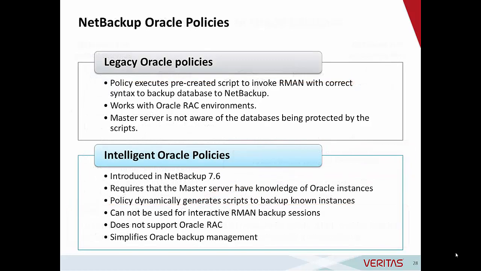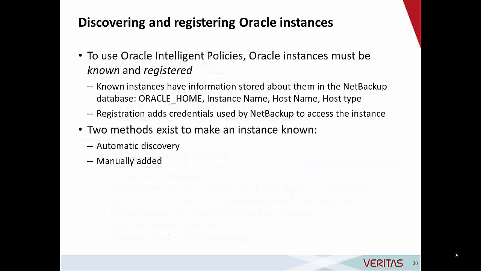As we discussed in the previous lesson, there are different strategies that can be used for protecting Oracle databases. The best way to do it, and the way that we'll be discussing in this lesson, is using the NetBackup for Oracle Agent, which Veritas strongly recommends. Now, there are two types of Oracle policies since NetBackup 7.6.